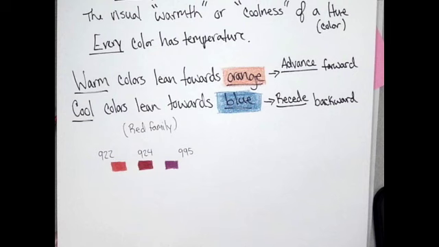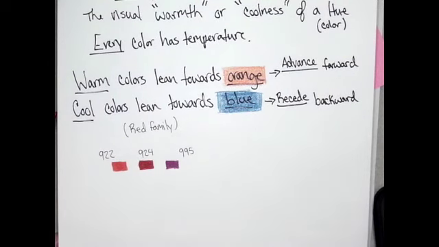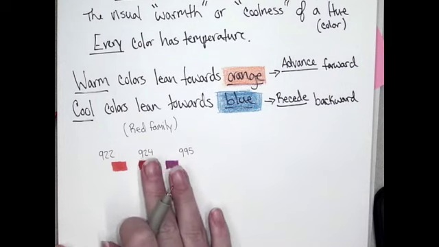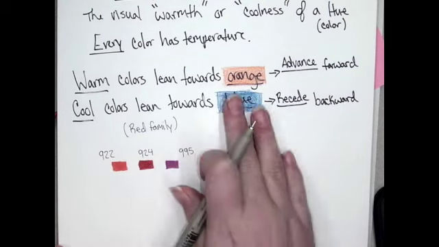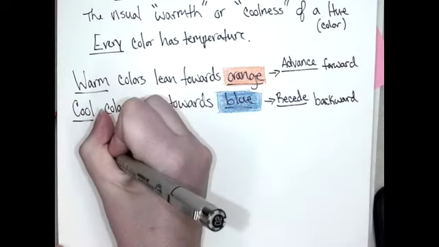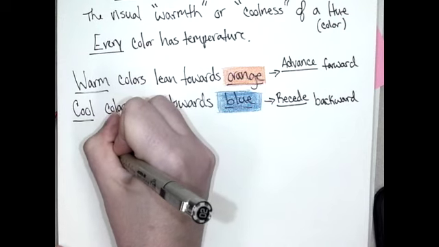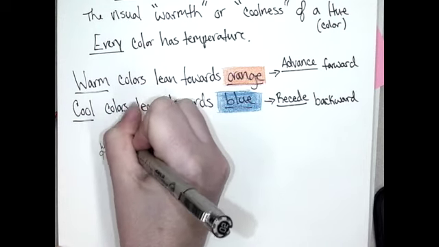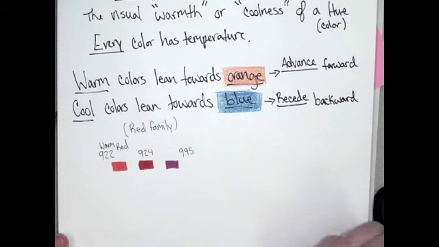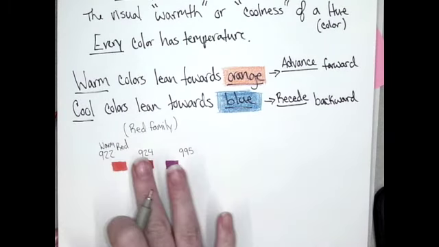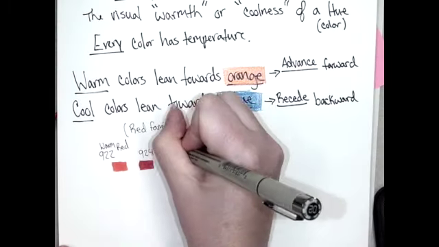So this is kind of my red family. Got pretty much a normal red in the middle. The one that leans more towards orange is my warmer red. The one that leans more towards blue is my cooler red.